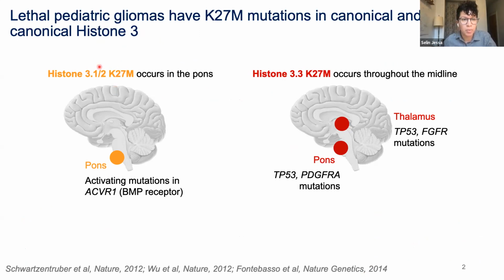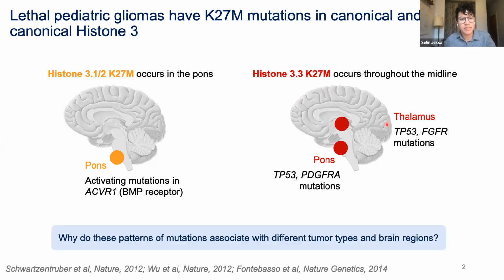Histone 3.1 and more rarely 3.2 K27M occurs exclusively in the pons and usually with activating mutations in ACVR1, which is a BMP receptor. In contrast, histone 3.3 K27M occurs both in the pons and the thalamus and with distinct partner mutations.